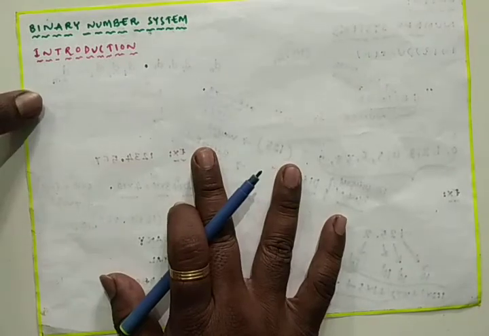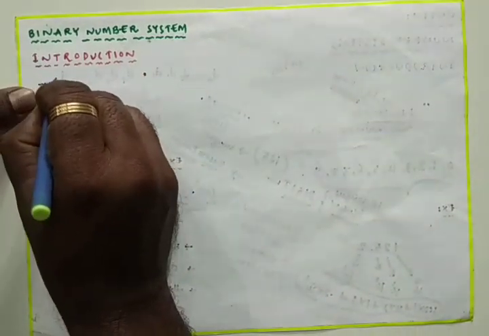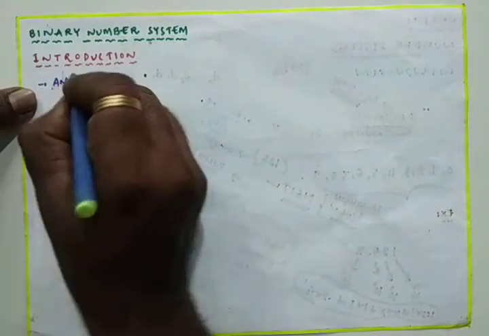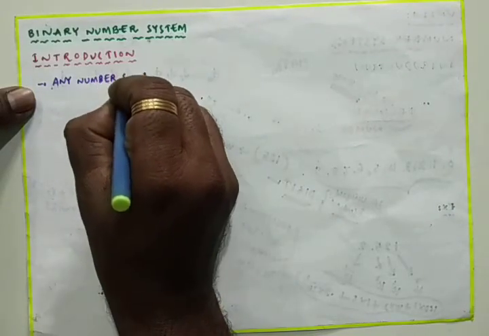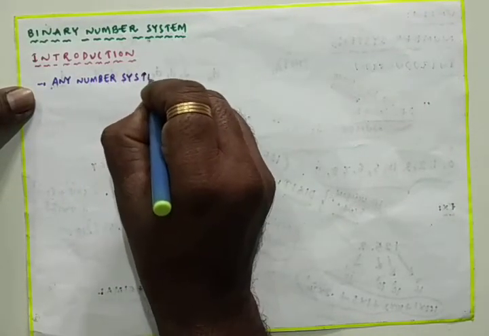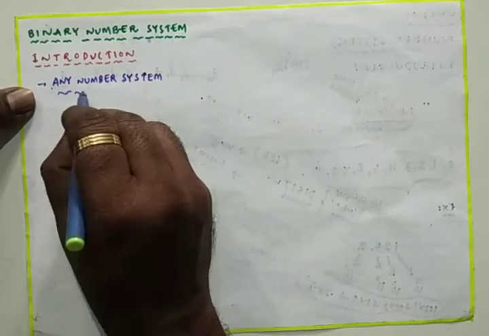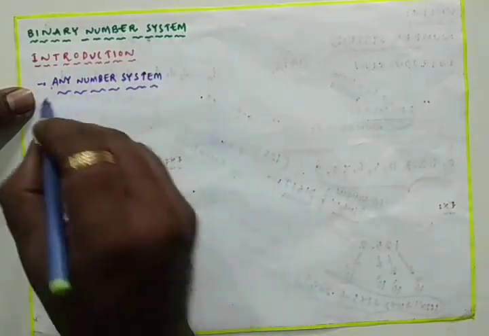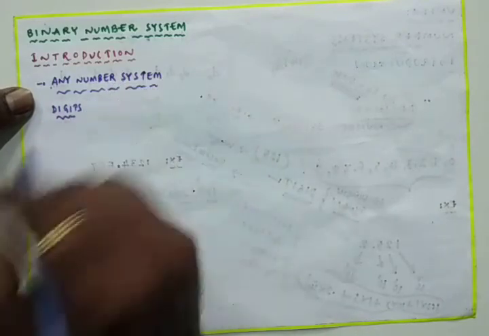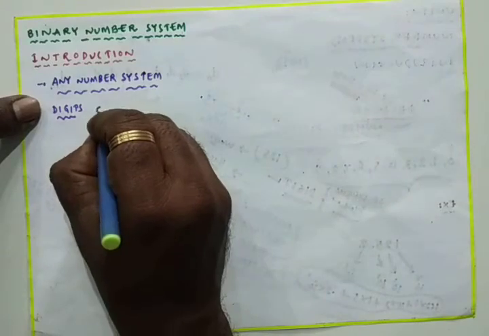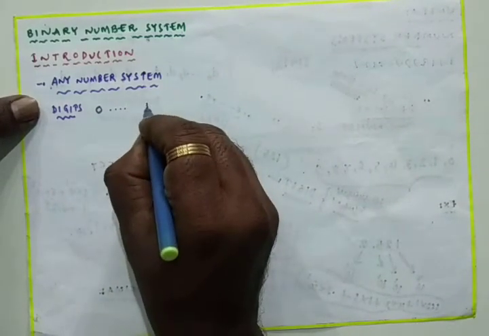Then I am giving the conclusion of number systems. First point: if you go with any number system, not only the decimal number system, we have to find the digits in that number system. Digits will be 0 to base minus 1.